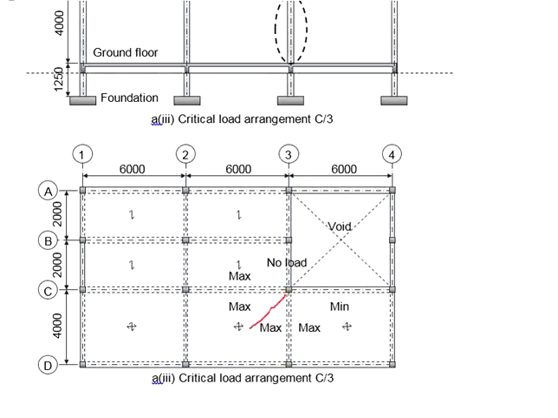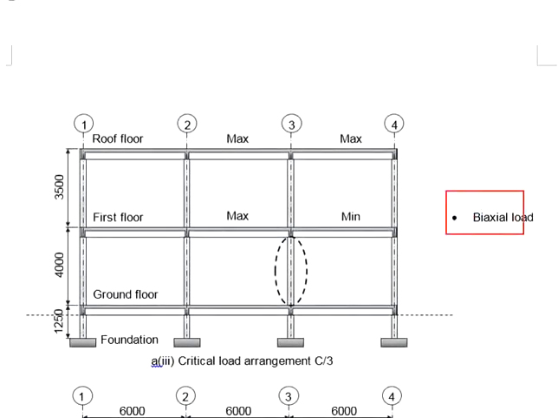Since this side will carry the loads here, you're going to assume that both slabs here, if you are computing the moment here, are the maximum load. Now, based on such a load arrangement, you will get moment in the major axis and also moment in the minor axis. Ultimately, it will be the biaxial bending moment.